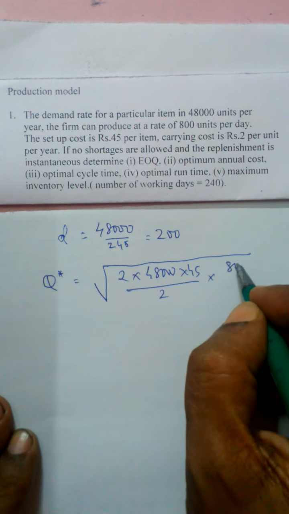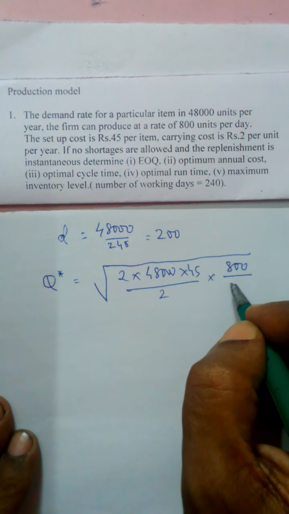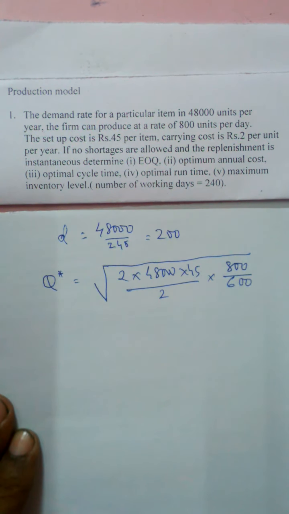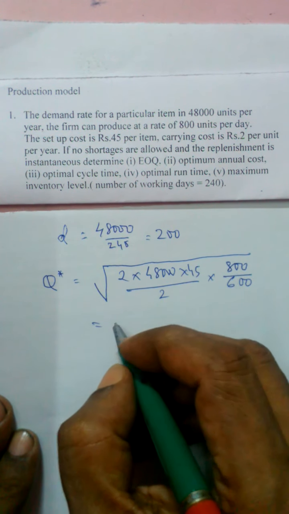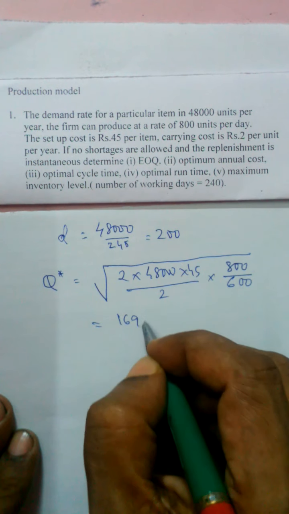This is P by P minus d: P is 800 in the question, and P minus d is 600. Please look at the formula and the values I am putting. Now if you simplify directly, it comes to 1697.